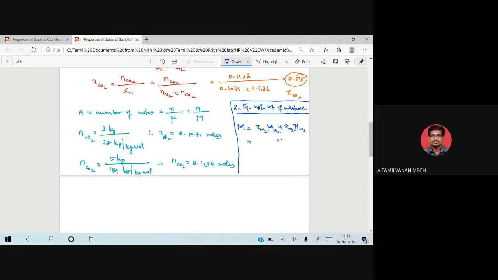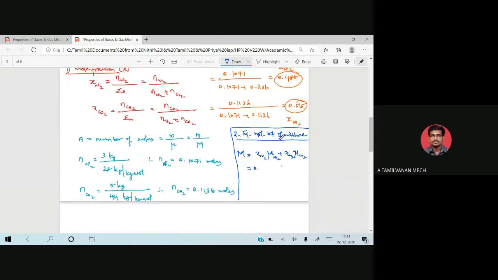From the above substitution, 0.485 into 28 plus, for carbon dioxide, 0.515 into 44. Finally you get the equivalent molecular weight, capital M, which is 36.25 kilogram per kilogram mole.